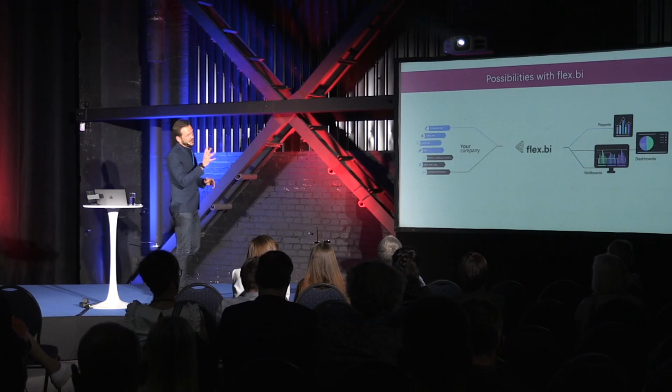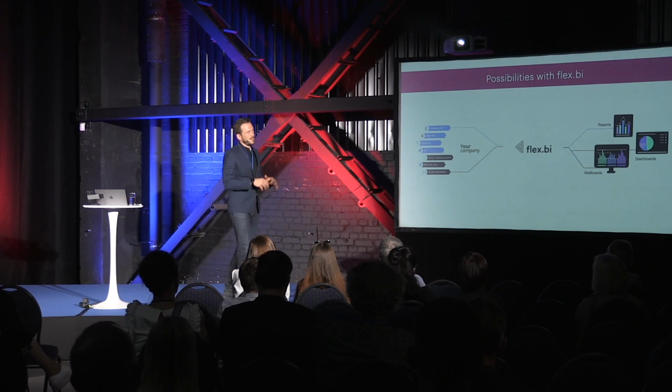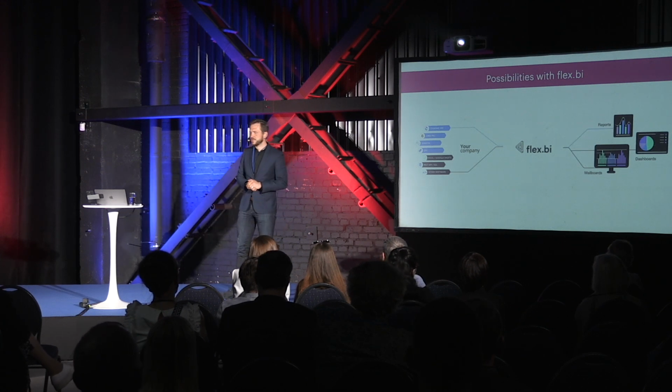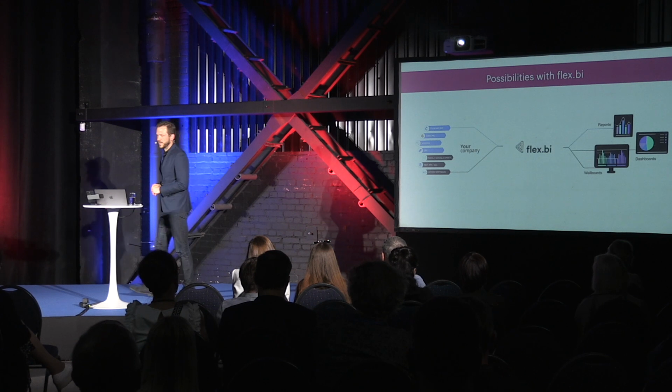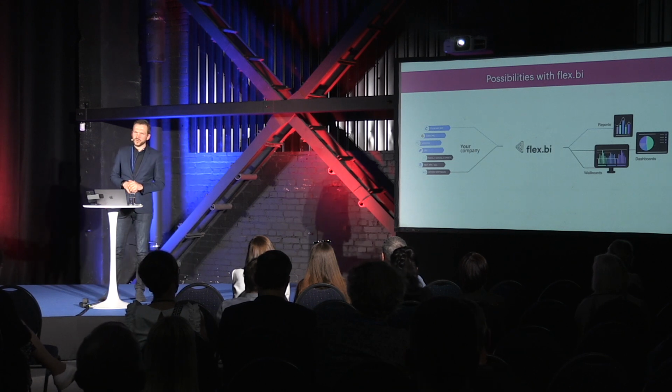Based on that you can create reports, dashboards, and publish those dashboards on TV screens, which is very popular amongst our customers to use Flex.bi as a motivational tool to align everyone around the same goal, so that everyone knows how we are performing and whether we are reaching that goal.